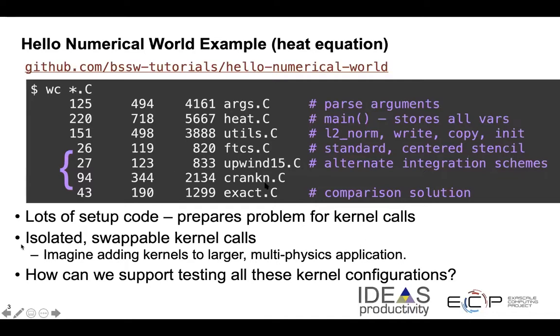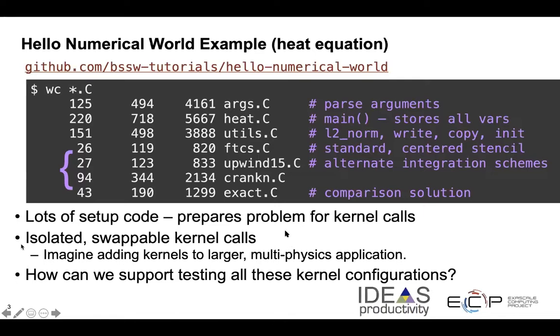There are 3 different time integration strategies, which are the highlight of the computational kernel that we want to run. Those three different kernels are split into very small source files, which are invoked from the main heat equation. That makes them isolated and swappable. There's a refactoring exercise we'll talk about later to make sure that they're actually swappable so that we can switch one kernel for another.